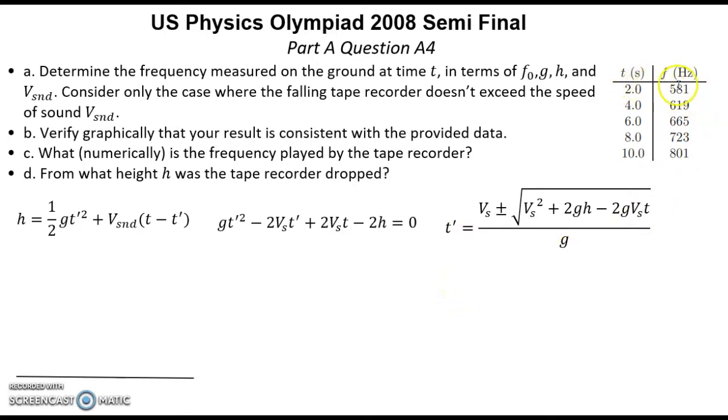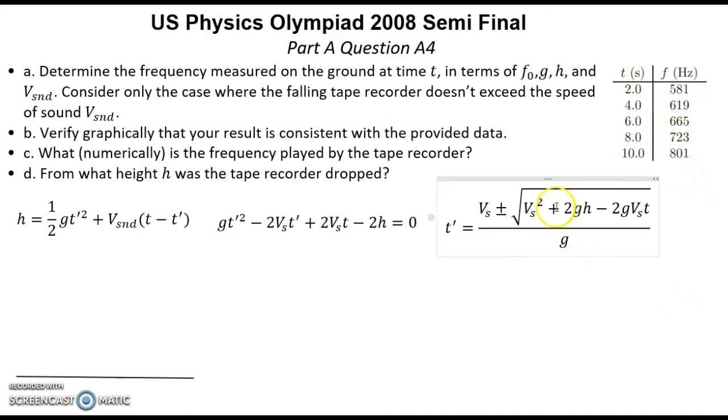Let's take a look at this table. After time t equal to only 2 seconds, the sound already reached us, and in this time the source traveled just a very short distance. So it means that our building is a little more than about 600 meters tall.